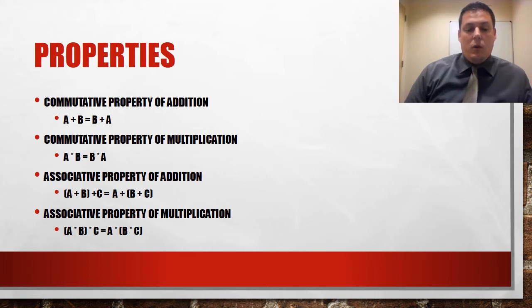So whether you go from home to school and then from school to home, it should be the same distance traveled. So the commutative property allows us to switch the order when we are adding. It also works when we are multiplying, as you can see here. So we have the commutative property of addition and multiplication.